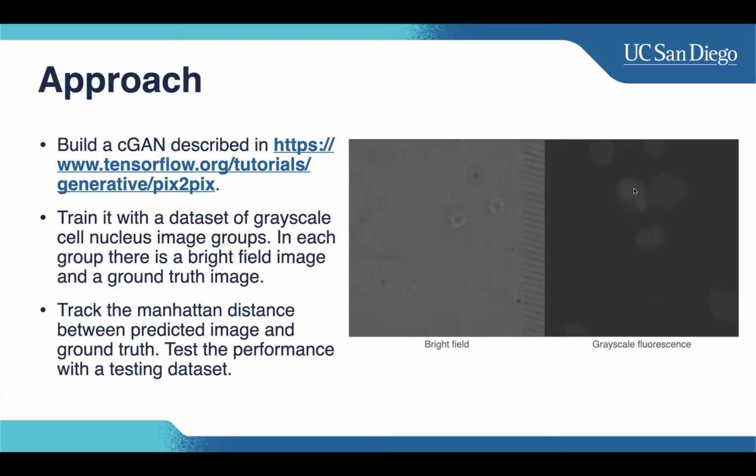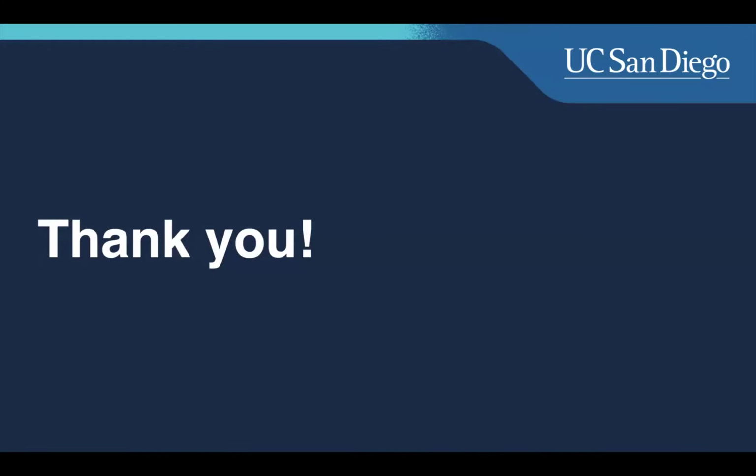There will be a graph of training steps versus the Manhattan distance between the ground truth and the predicted image, and we can see how real the generated image is by that chart. And at last, I can test the performance with a testing data set. So basically, that's all. Any questions?